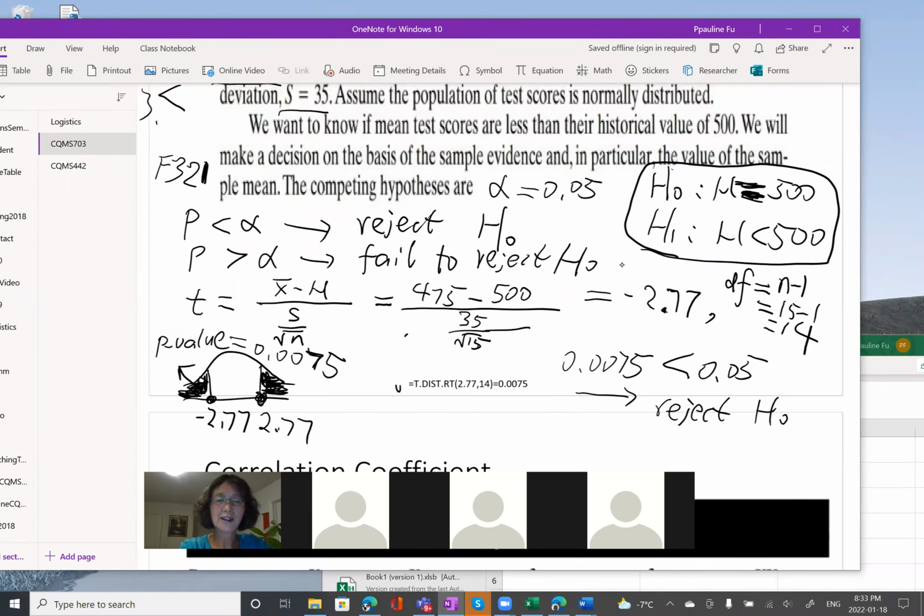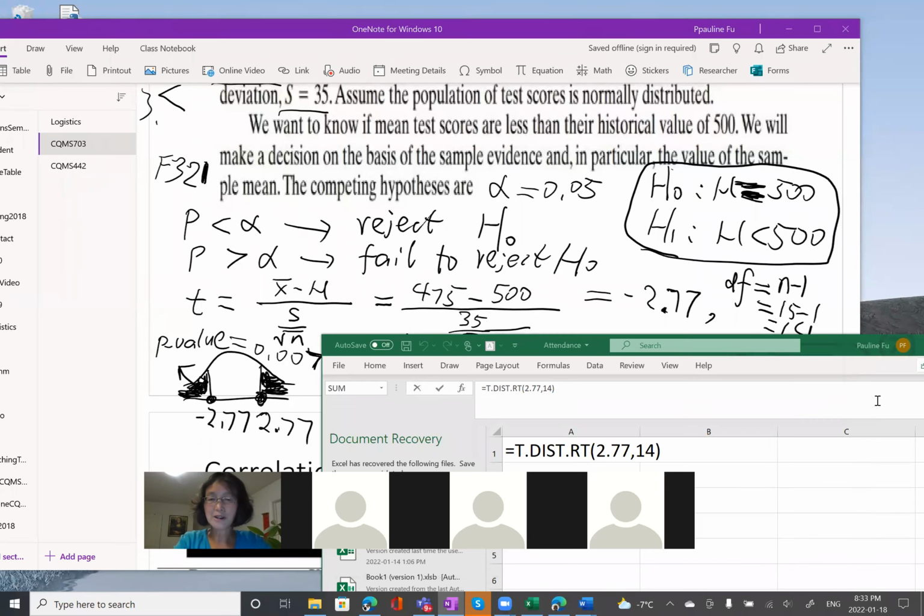So that I can use Excel .RT, did you see the formula. When you use .RT, you need to provide a positive t-value test statistic. Otherwise, Excel will give you wrong information. Look, if I type in negative 2.77, you get the wrong answer.